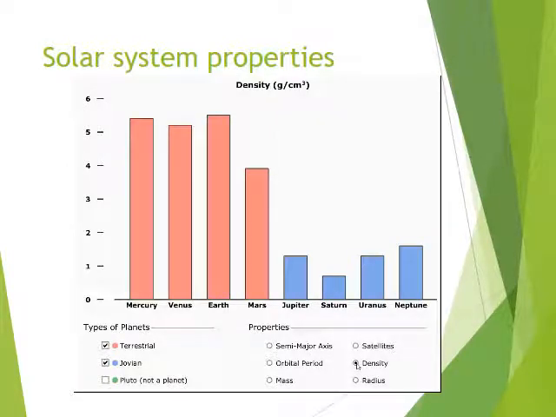Density. Now, we already talked about mass, but one thing you have to understand is that density is mass divided by volume. So even though we saw that the inner planets are not very massive, they are relatively massive for their size. And that's because of the stuff they're made of. Remember that the inner planets are formed where only metals and silicates could be used as building material.